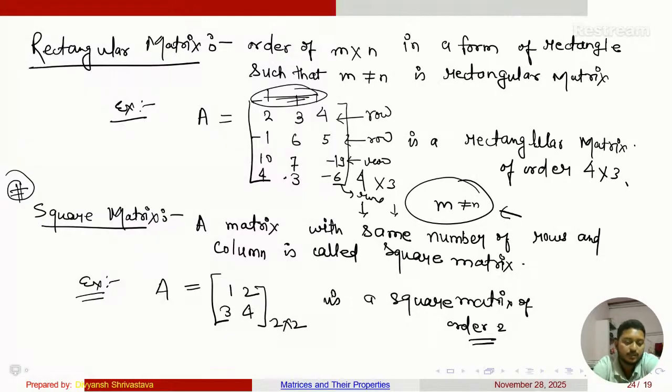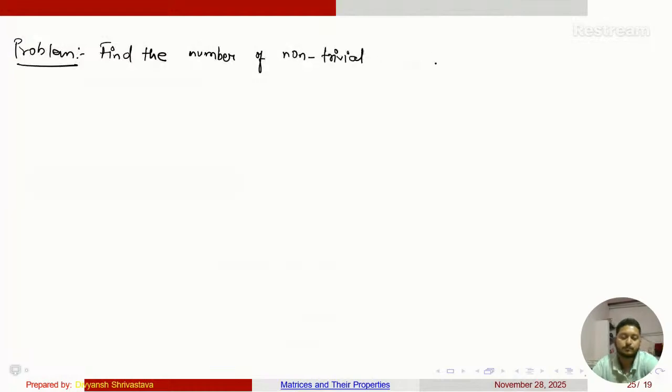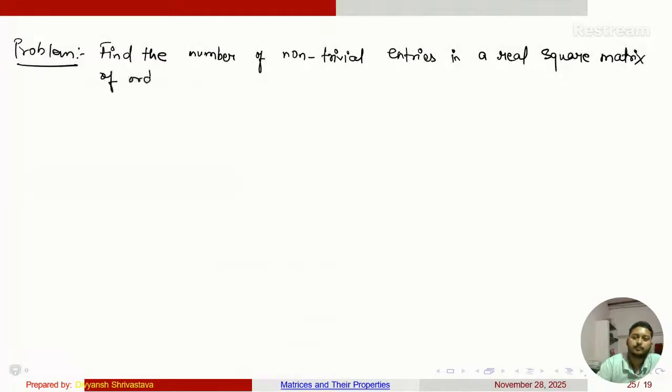The problem is: find the number of non-trivial entries in a real square matrix of order n over R.